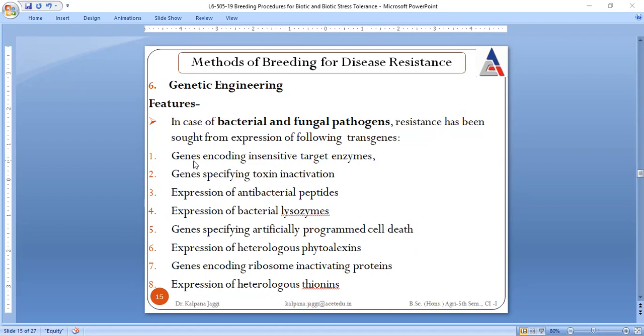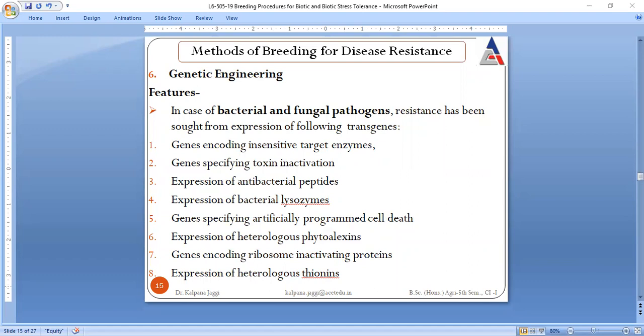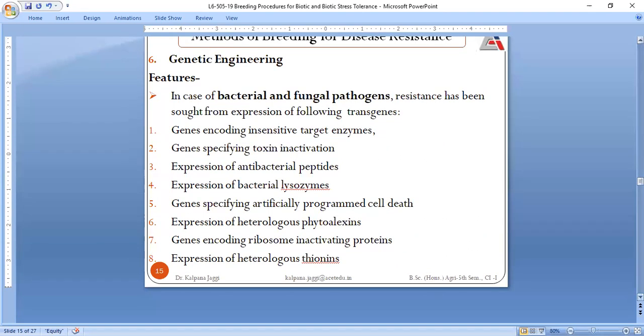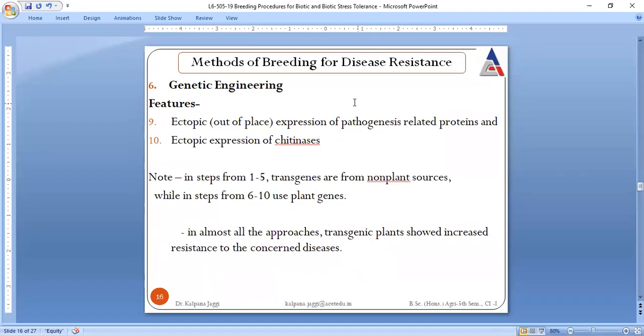We selected genes that encoded insensitive target enzymes. So these all are the transgenes which, when incorporated into the crops, gave the crops a resistant feature against the attack of a number of bacterial and fungal pathogens. These all are the transgenes only, right?